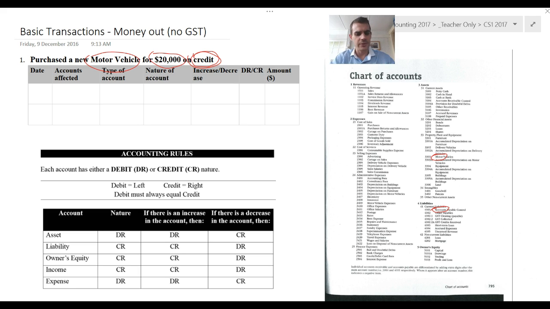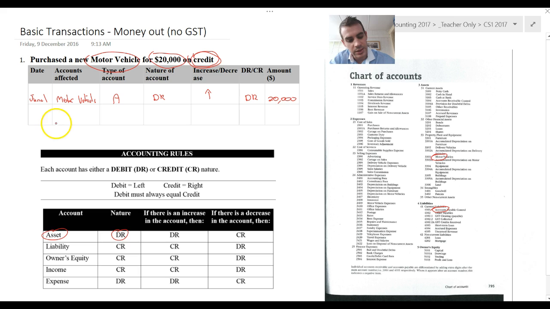Let's now fill out this table. We are not given a date. I'm just going to call it June 1. First account affected was our motor vehicle account. Motor vehicle is an asset account. We know our asset accounts are debit by nature. Our motor vehicle account has gone up by $20,000, so it stays a debit for $20,000.